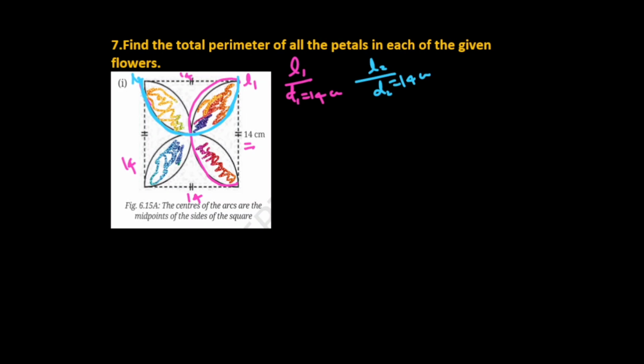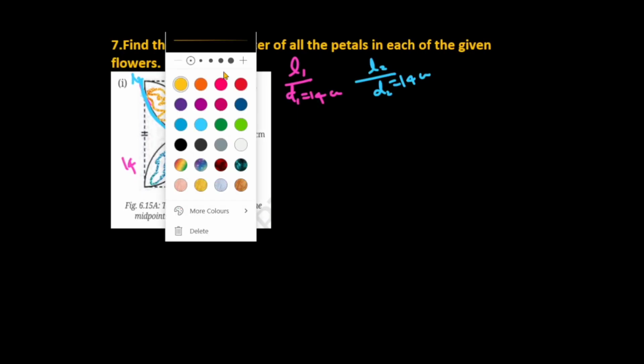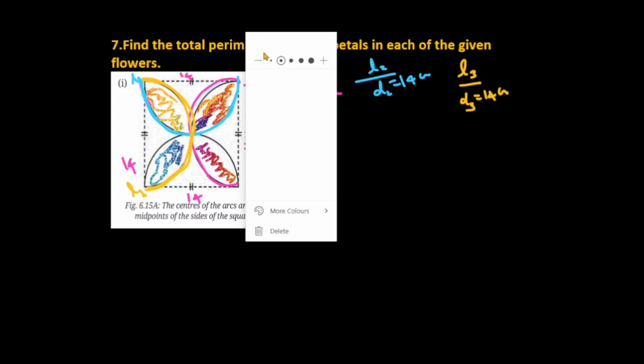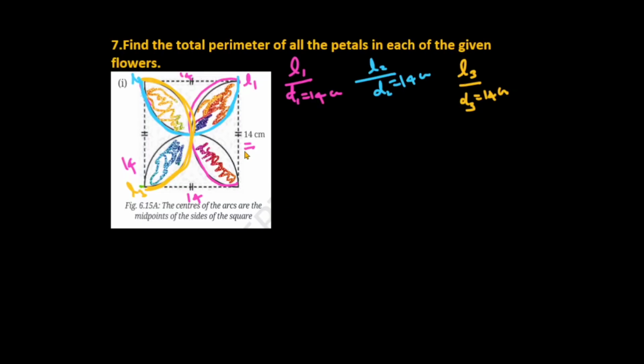Now this is the next arc. Yellow color is the third arc, L3. So for L3 also diameter 14 centimeter. Now the green color arc is L4.